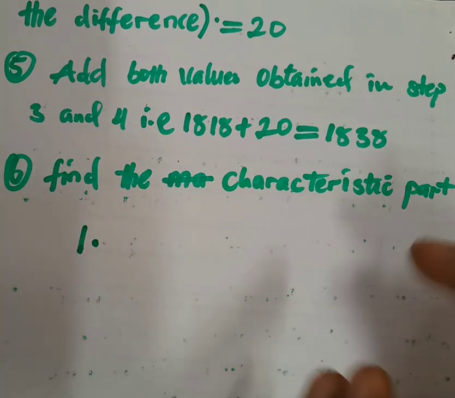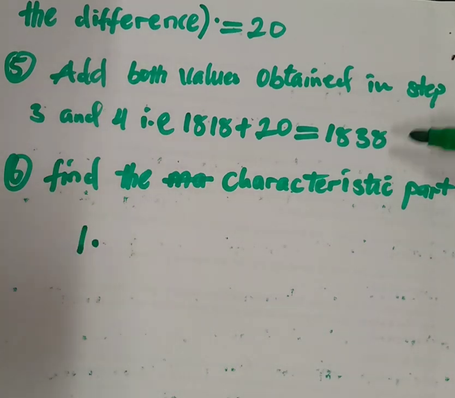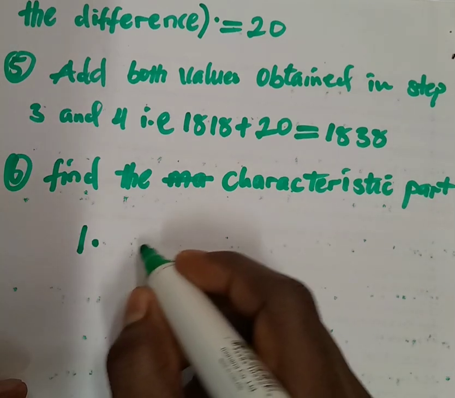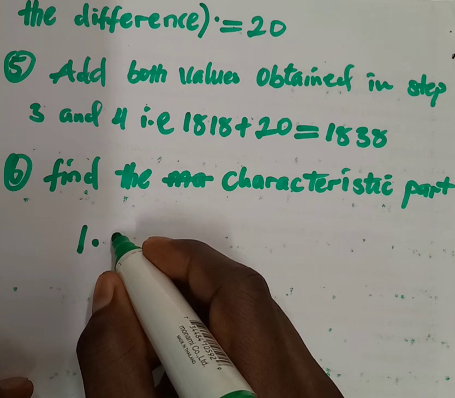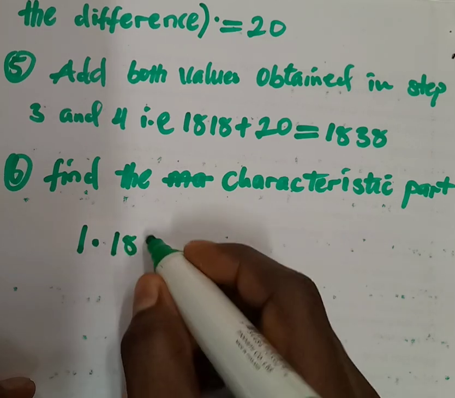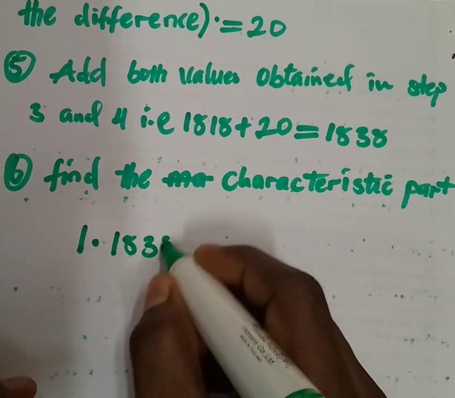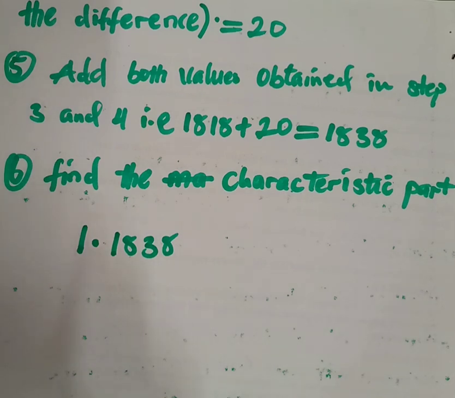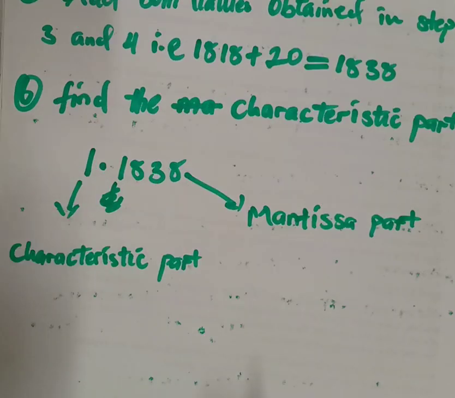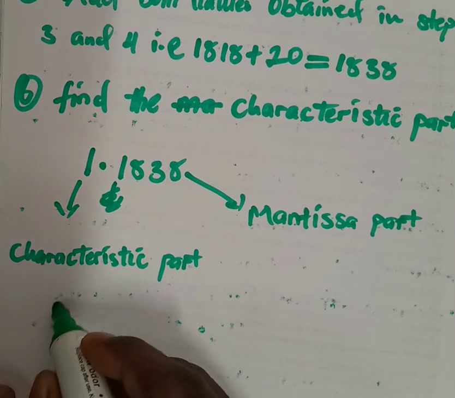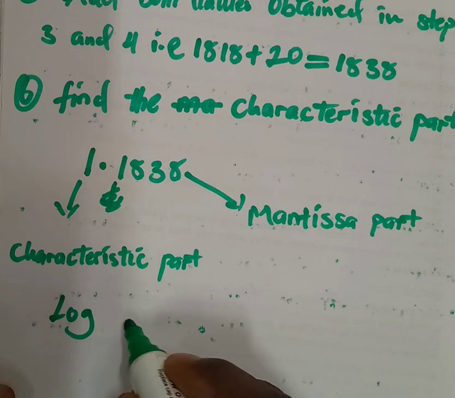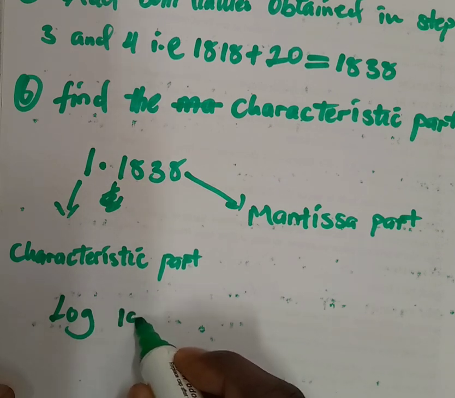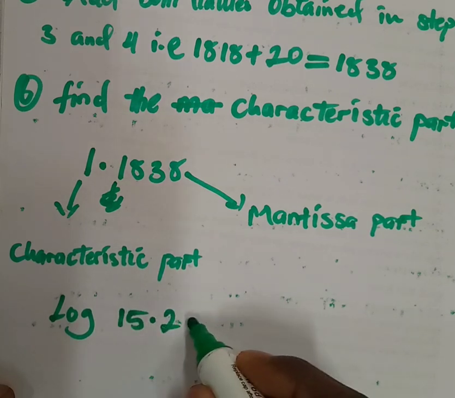And remember I told you this is now our mantissa part. So this is the characteristic part, and this is our mantissa part, 1.1838 is now our final answer. So log 15.27.